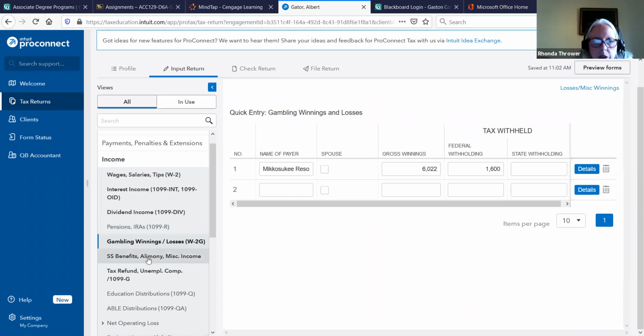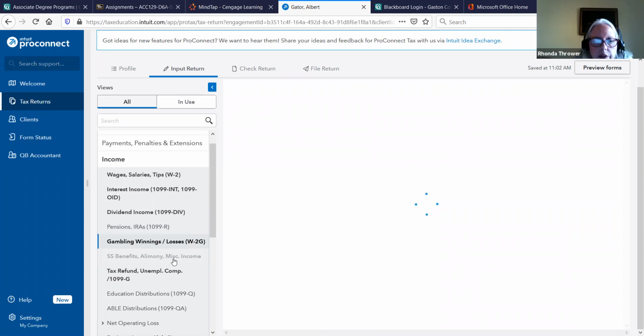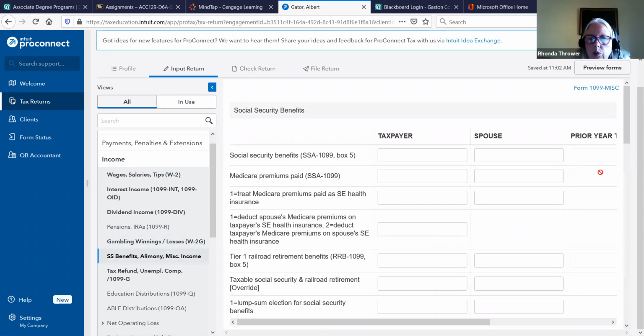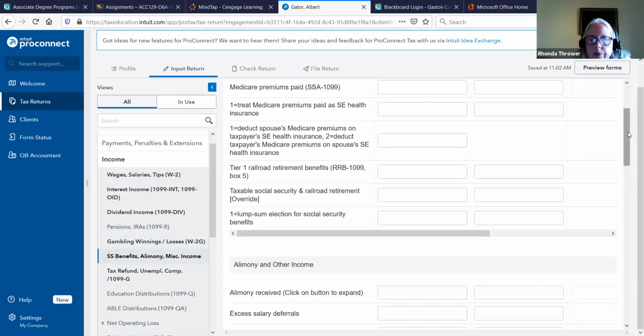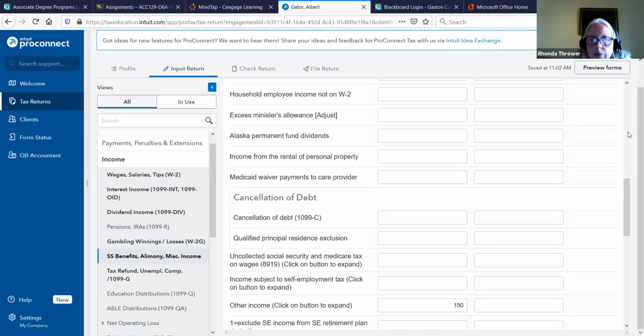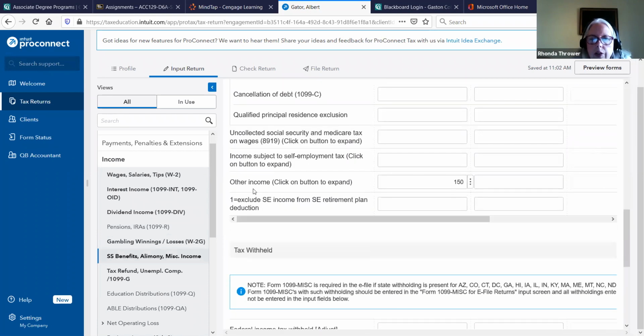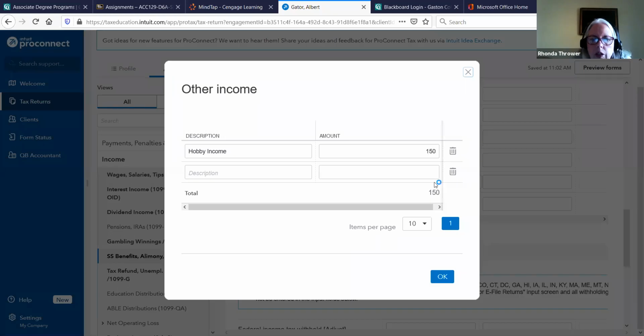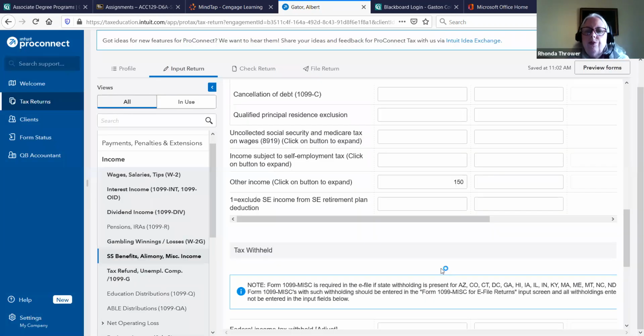Okay, had some gambling from last chapter. Here it is, right here, miscellaneous income. Click on that, and then we're going to record this in the other income section of $150. Now put hobby income in there to describe it and click OK. So that's where your hobby income goes in.